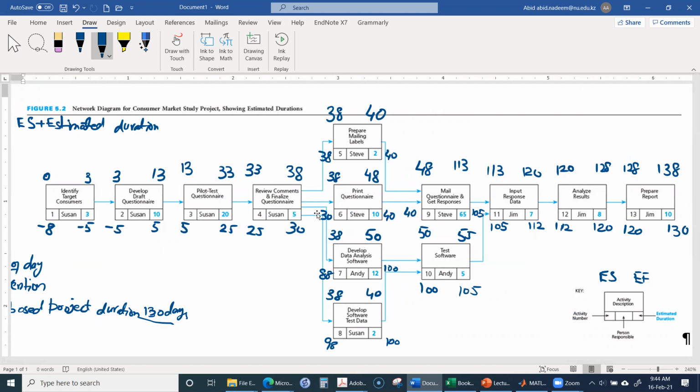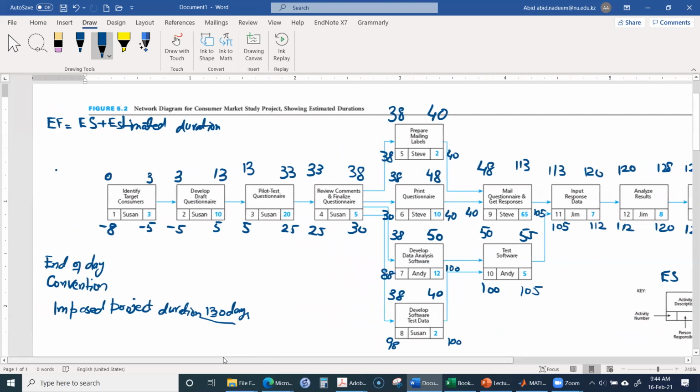And there are certain more activities which can be started late, such as activities 7, 8, and 10. So those activities which need to be started early are called the critical activities.